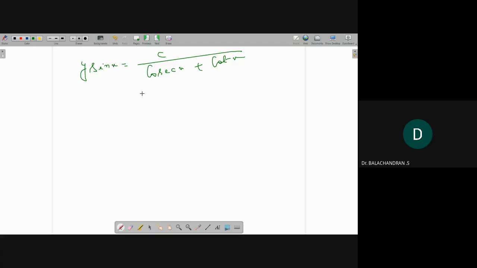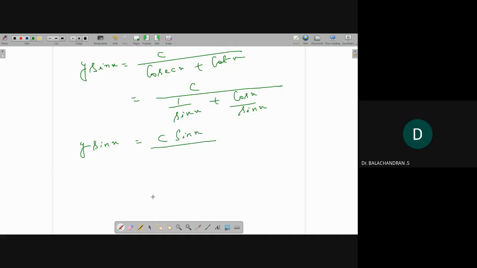So y sin x is equal to c divided by, this is 1 by sin x plus cos x divided by sin x. So y sin x is equal to c into, you take sin x as LCM, and then we take into the numerator, so c sin x by 1 plus cos x.